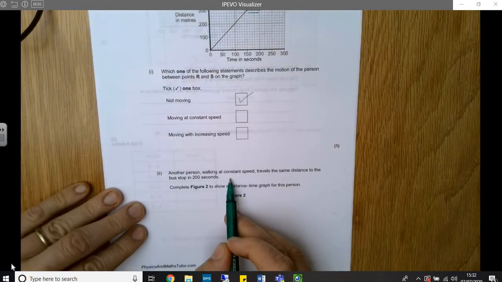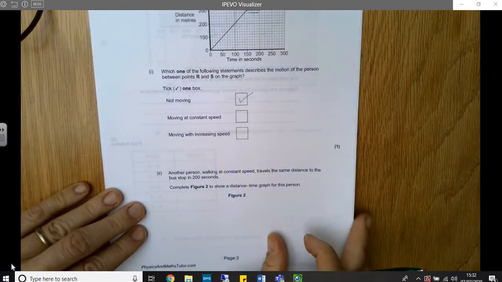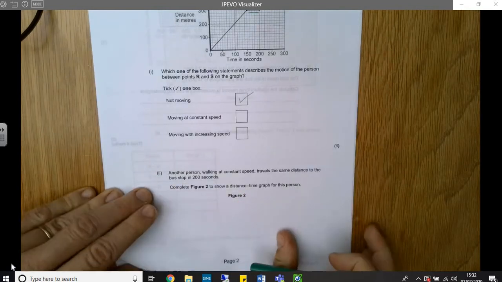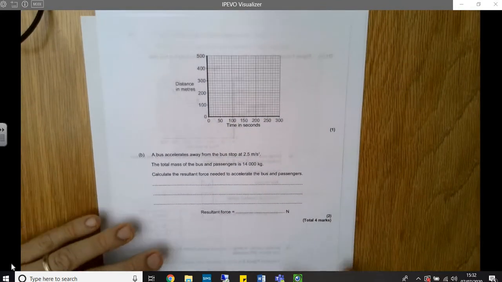Next question says another person walking at constant speed travels the same distance to the bus stop in 200 seconds. Complete figure 2 to show a distance time graph for this person. So this is our figure 2.